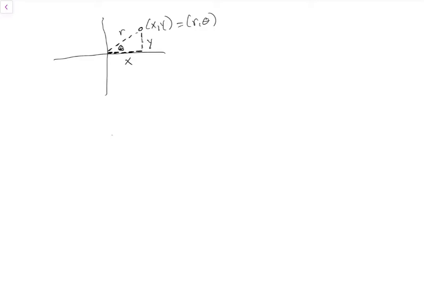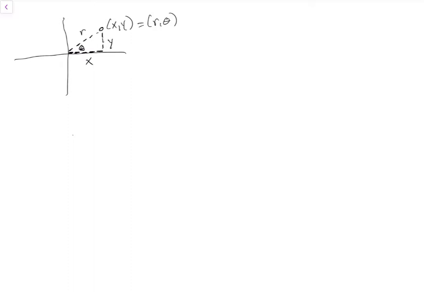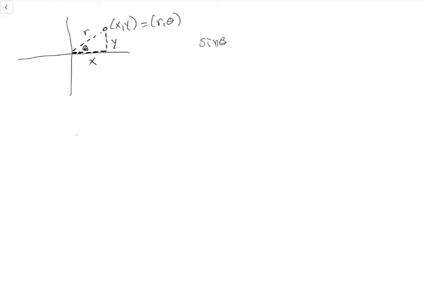So there are some connections here with right triangle trigonometry. The first couple connections we can make: sine of theta is opposite over hypotenuse, and that tells us that y is equivalent to r sine theta.